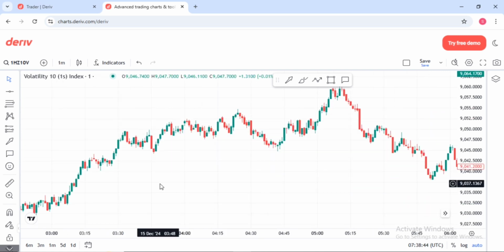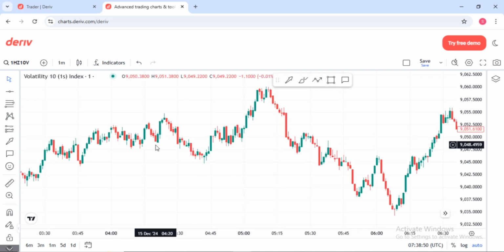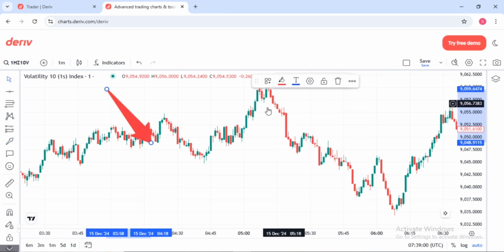So for the purposes of explaining to you how you enter a trend, allow me to use this part. Let's say there is a long downtrend here, and this red candlestick forms, and then it is covered by this green candlestick, which means this one is a bullish engulfing. Immediately this second candlestick closes and you realize that it has completely engulfed the red one, you go to your manual trading and you click rise.